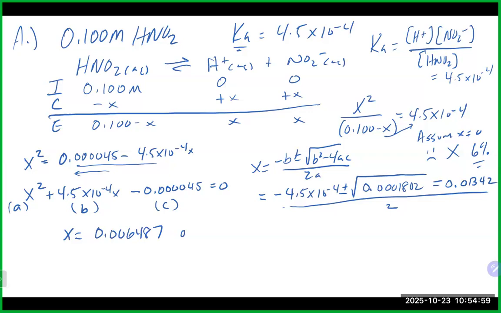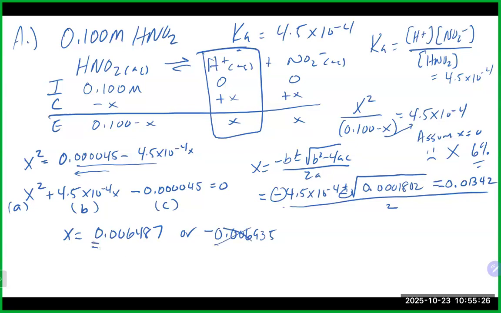That gets us an x value of 0.006487. If we go with subtraction, we know this is not going to be good because it gives us a negative number, which isn't a good solution. You get something like negative 0.006935. The reason I know that's not good is because, looking at the table, x is equal to H plus, so we can't have negative.